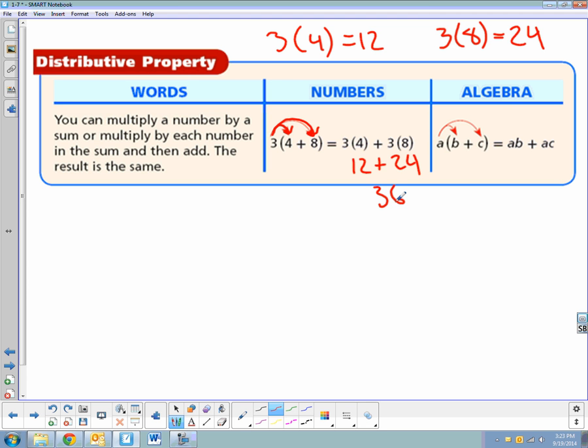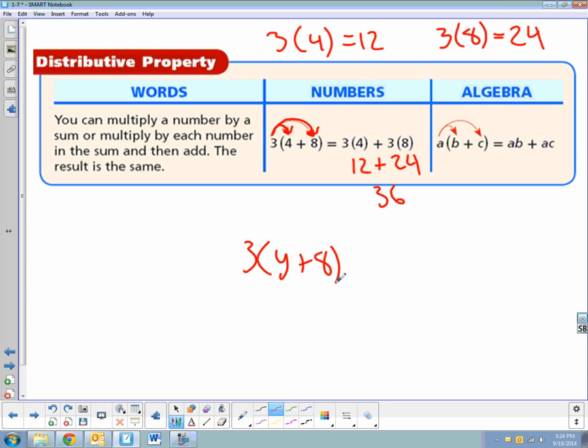And with numbers, if they're all numbers, then yeah, sure, that would be easier, and we would definitely do it that way. Where we are going to end up using this more is when we have a variable inside those parentheses. So instead of 3 parentheses 4 plus 8, we might have an expression that says 3 parentheses y plus 8.